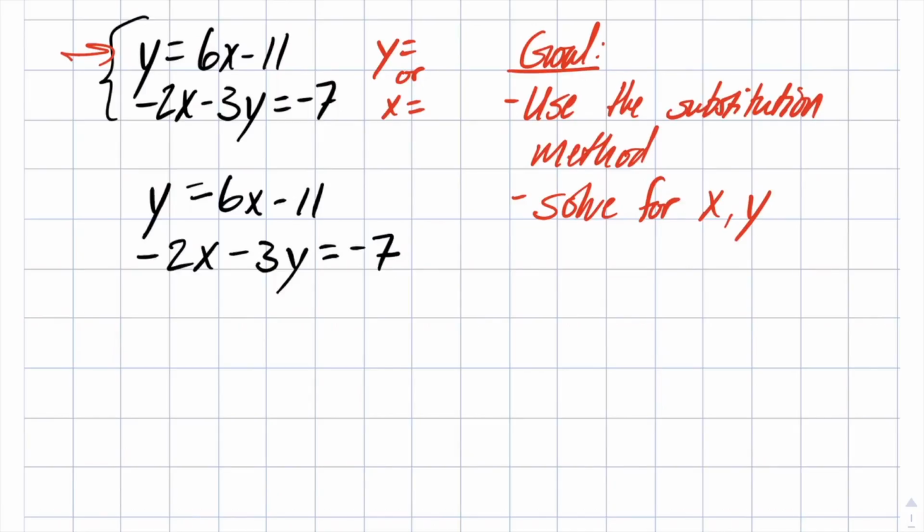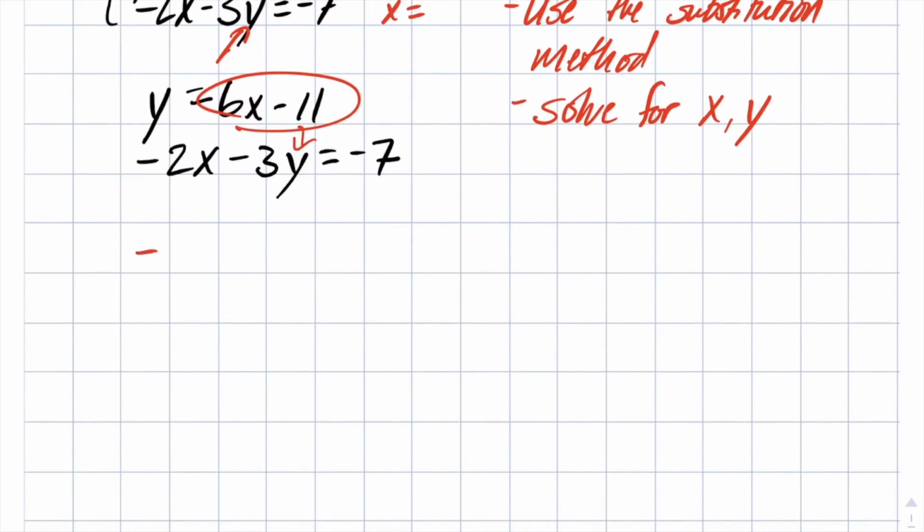Since it says y equals all of this, we're going to look at the other equation, and there's a y right there. So we're basically going to plug in all of this for y. We said y equals that, so we should be able to replace it with 6x minus 11.